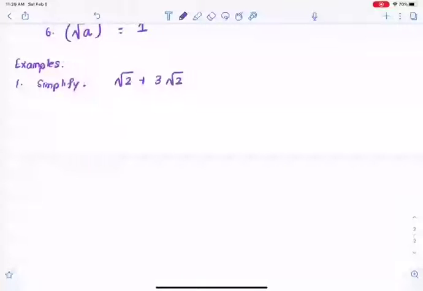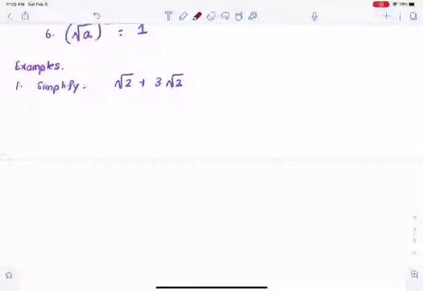We want to add root 2 and 3 times root 2. The answer is straightforward. It's 4 root 2. But people oftentimes have difficulties grasping that. So think of that as an apple.